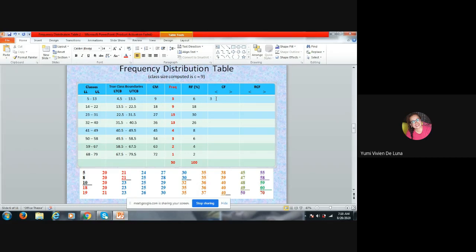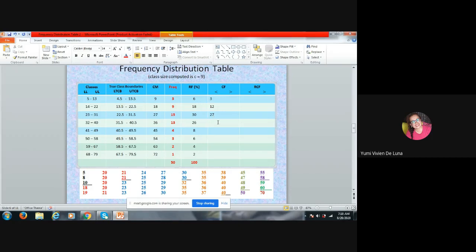And then ang susunod po, kasi sabi natin cumulative, nagdadagdag. So 3 plus yung susunod na frequency, 9. So 3 plus 9 will give us 12. Add nyo ulit yung susunod, 12 plus 15 will give us 27.